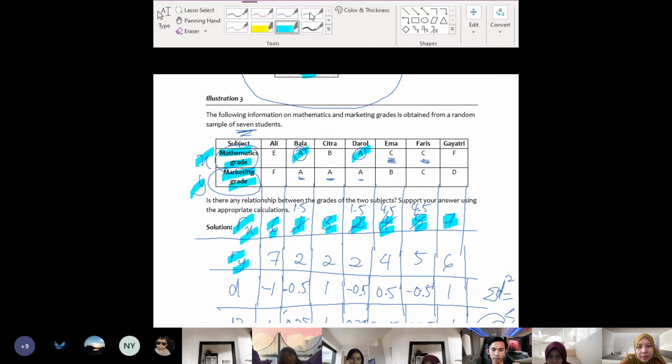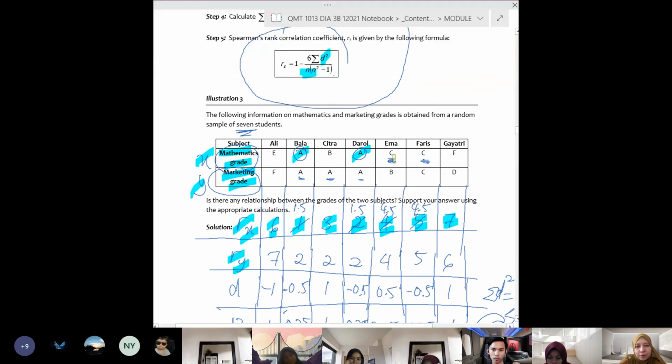Tapi what happened next is we know that some of it are the same, which are C and C, A and A. So we cannot use 1 and 2. We have to change it. How to change? Is to get the average of that number. The average of these two numbers. Okay, and the same goes to this one. This is also the average of these two numbers. You get it?